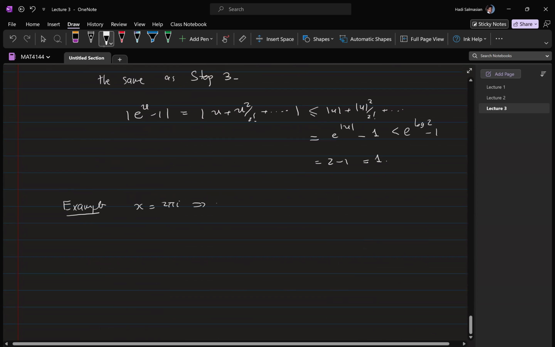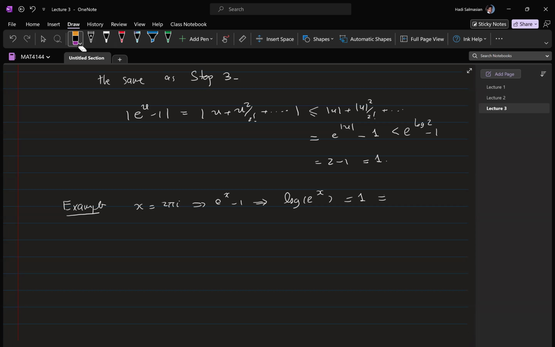Then e to the x is 1, and therefore we could have used the same thing. So we could just say log e to the x. The question is whether it is x or not. But this is really log 1. I'm sorry, I didn't write something here, that's why I got confused.